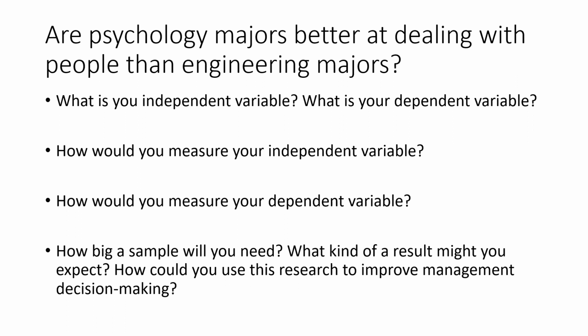So how big of a sample will you need? Again, as with any other statistical test, the larger the sample, the better off you are. You're going to want to have at least a couple hundred if you're doing a chi-square test. If you have a couple thousand, that would be ideal, but at least a couple hundred.